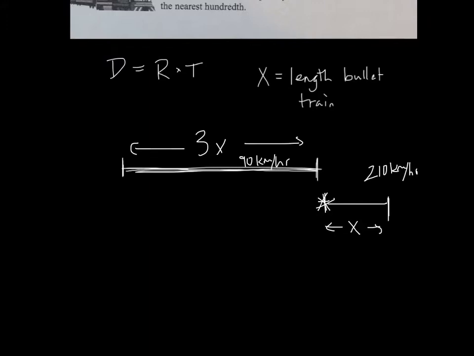So we're going to cross that out, count it as 0, and then we're going to subtract 90 from 210, and we're going to say, okay, what we have is a 120 kilometer per hour bullet train that is going to pass a freight train that's standing still. There's no difference from the perspective of the people on the 2 trains, right? Because all we need is a distance. We can adjust the rates however we want.